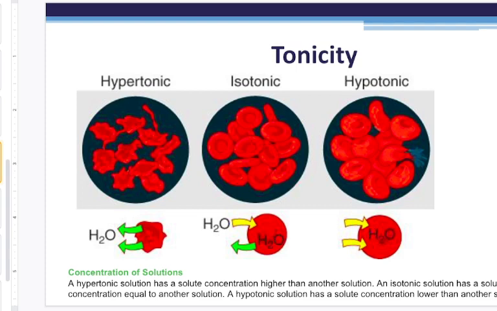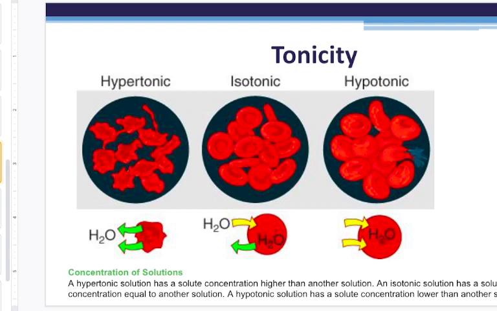So what we need to know is that when you put a cell in hypertonic solution, it's going to shrivel. Why does this happen? Well, hypertonic solution has high solute concentration, and our red blood cells have, before you put them in solution, the biconcave shape.